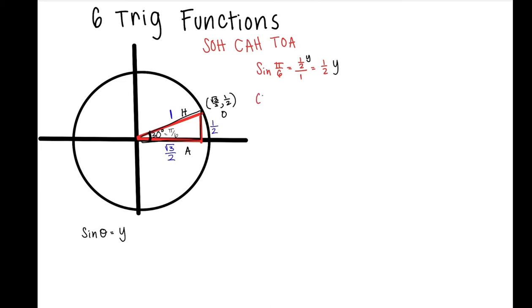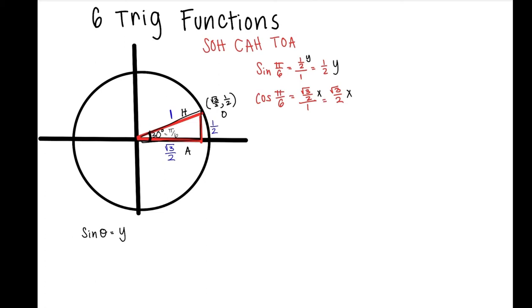Now let's look at cosine of pi over 6. This is going to be adjacent over hypotenuse. So root 3 over 2 over my hypotenuse, which is 1. Again, this root 3 over 2 is my x value. And if I have 1 at the bottom, anything divided by 1 is just itself. That hypotenuse is always going to be 1 in the unit circle because our radius is equal to 1.